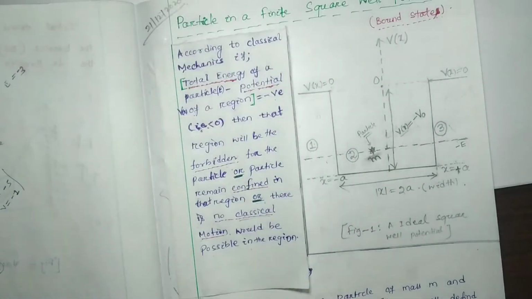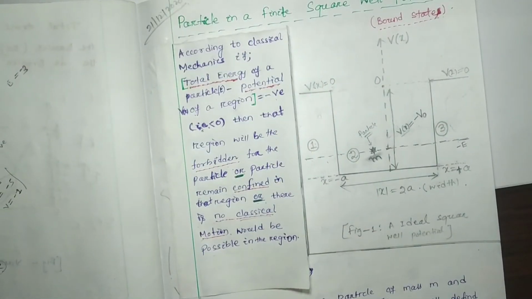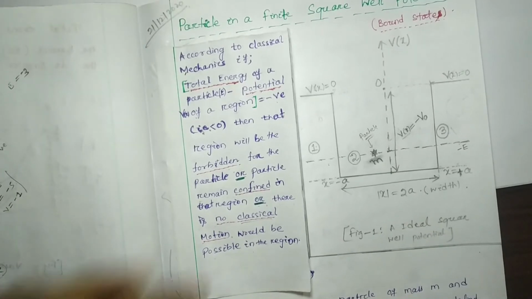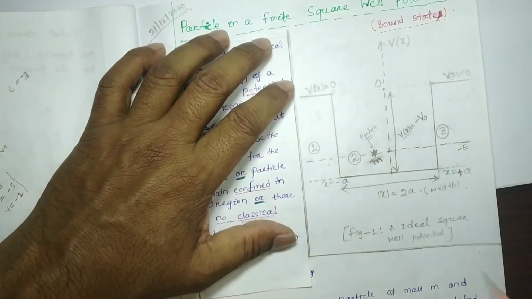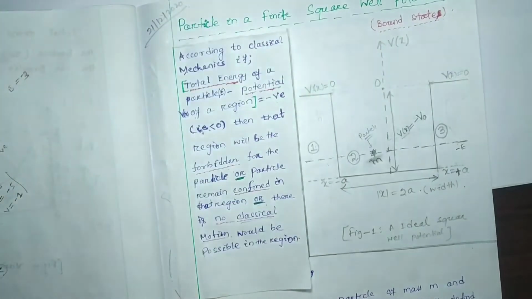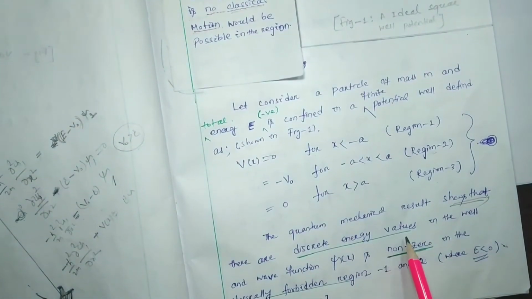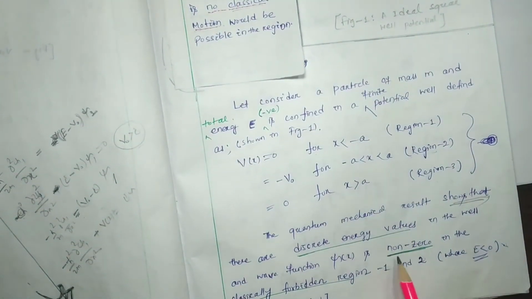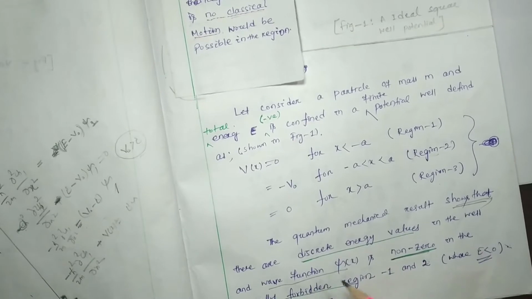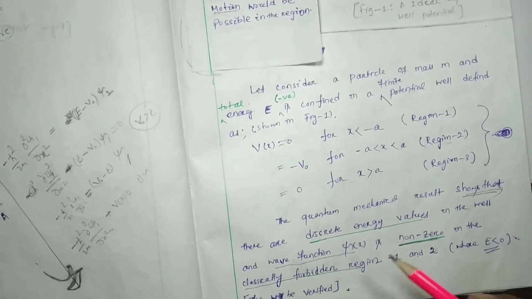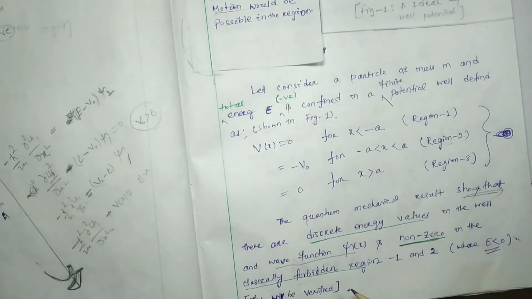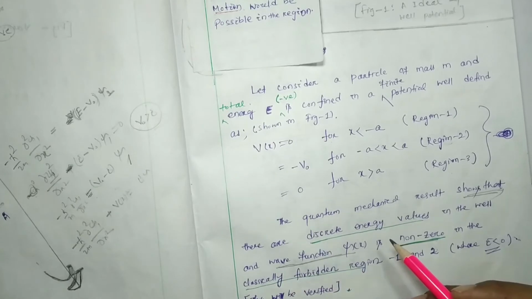So here also, for a bound particle, in the bound state we get discrete energy values and a non-zero wave function. If the wave function is non-zero, then the probability density is also non-zero.